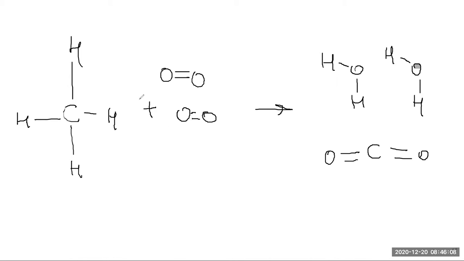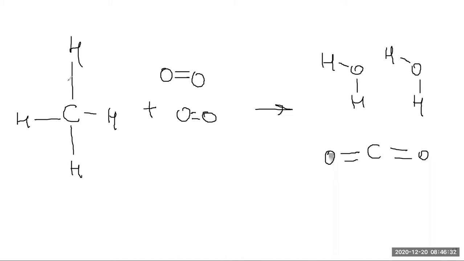But where does the energy come from? Why do we have so much heat in this reaction? Obviously this is due to some change, but what change occurs in the structure of those molecules?